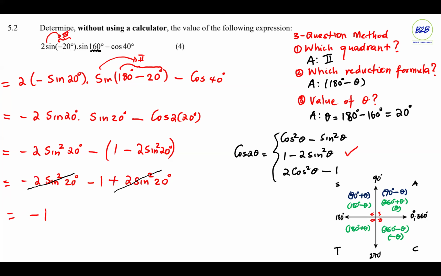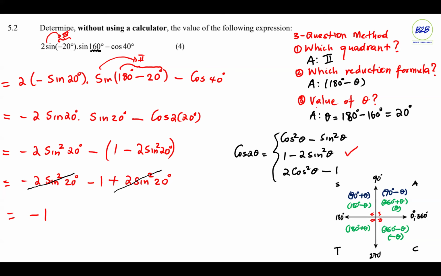All right. And that is how we apply the 3-question method, folks. Just to recap, we ask ourselves, 160 degrees is in which quadrant? Second quadrant. Second question, which reduction formula is contained in the second quadrant? 180 degrees minus theta.